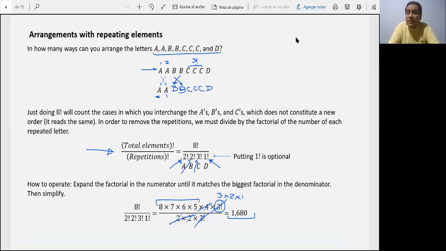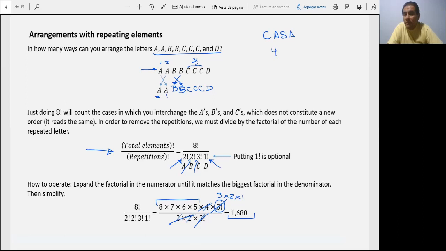Okay, so let's now check a simple example. In how many ways can you rearrange the letters of the word casa, right? Casa is the Spanish for house.